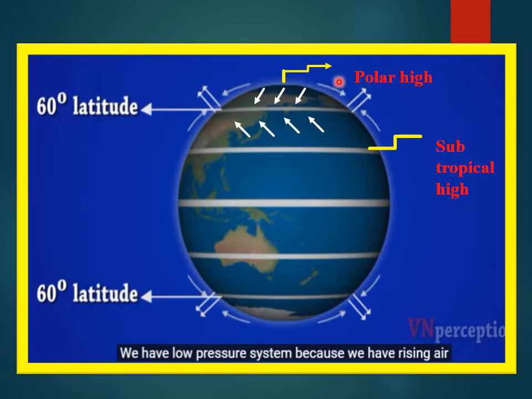So when this happens, this region, the 60 to 65 degree belt, creates a subpolar low pressure belt, in the north as well as in the south. The air converges and then rises to form a low pressure belt, and this is called a subpolar low pressure belt.